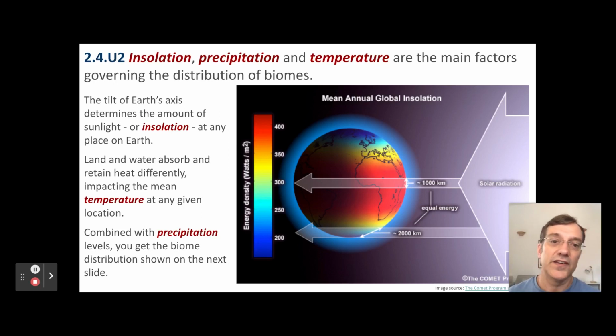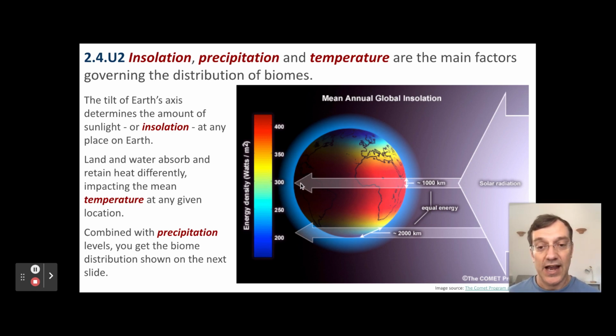This slide explains how the different amounts of incoming sunlight affect the distribution of biomes around the world. This giant arrow here on the right represents all of the sunlight falling on Earth, and the two smaller arrows represent rays of light encapsulating the same amount of energy.